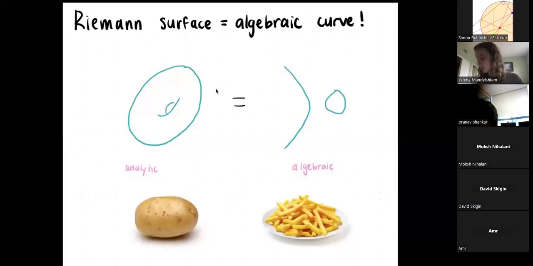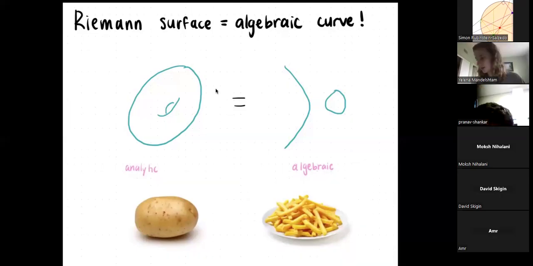So the reasons why we might want to do this: as I said, algebraic curves are very well studied, with still lots to study. Riemann surfaces are also very well studied with lots to study. And of course, since they're the same thing, it would be ideal if any theorem we proved about Riemann surfaces immediately became a theorem about algebraic curves and vice versa. Sometimes that does happen. Sometimes there's a lot of work that you need to do.